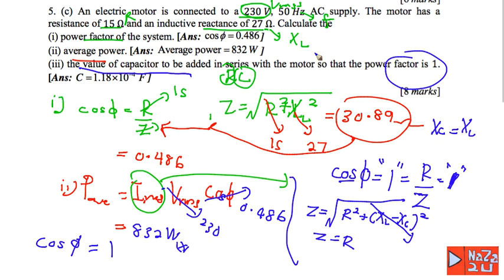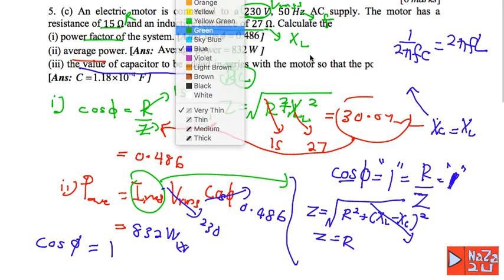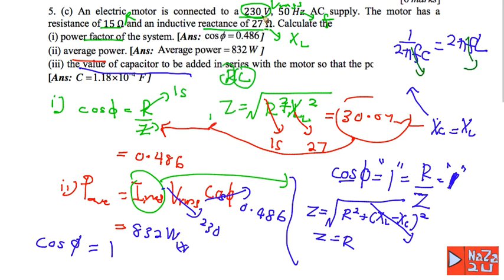So XC is equal to 1 over 2 pi FC, and XL is 2 pi FL. The frequency here is 50 Hertz, and 2 pi is a constant.